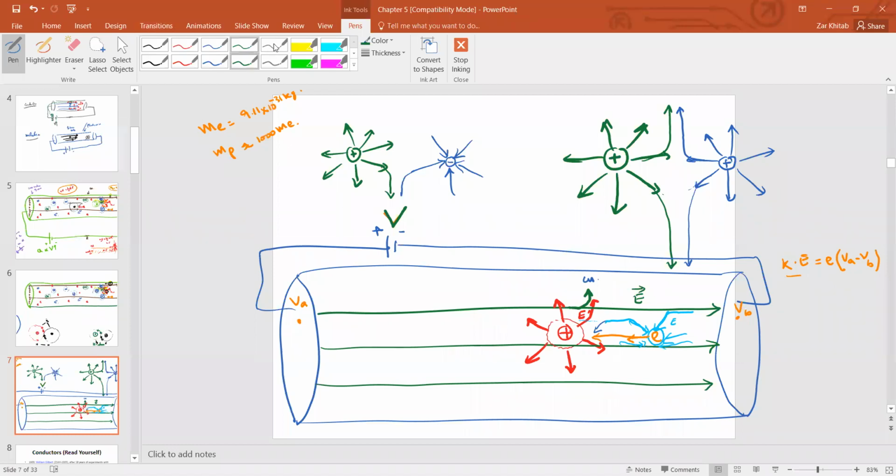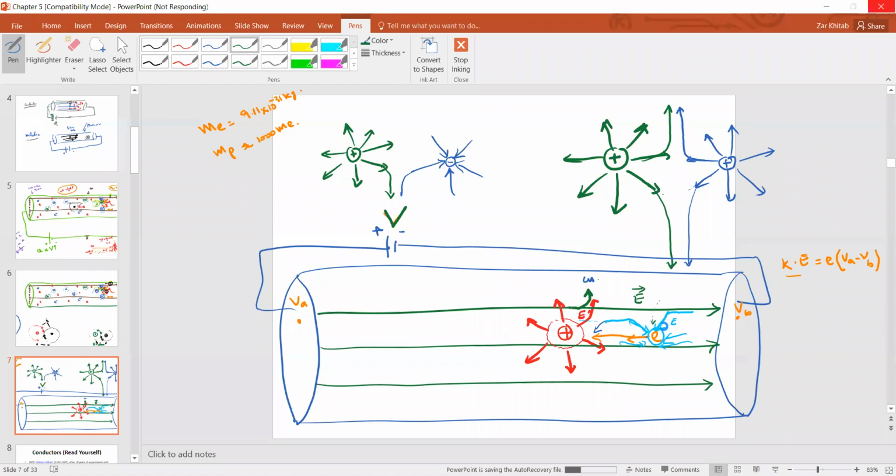So when the electron moves against this electric field, the electric field of the electron is no more a straight line, right? Because of the interaction of the electric field of the electron with the electric field of the nucleus and the electric field of the battery.